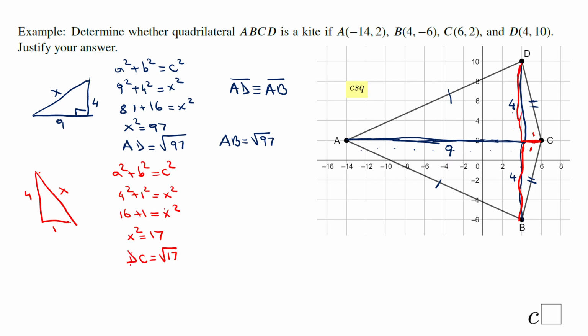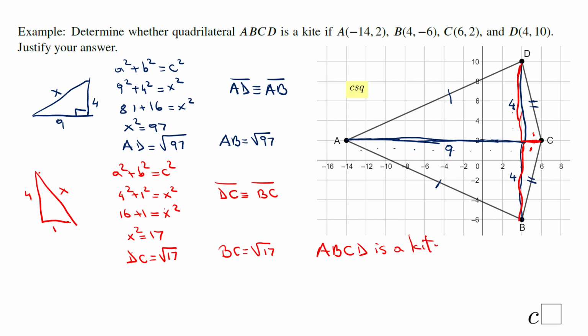We can do the same math, and we get that BC is the square root of 17, which means DC is congruent with BC, which is what we were looking for. And also you notice that the opposite sides are not congruent. So now we know ABCD is a kite.